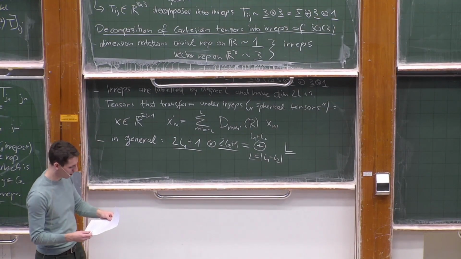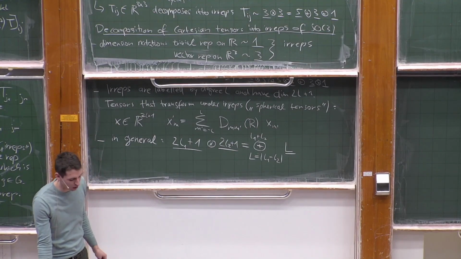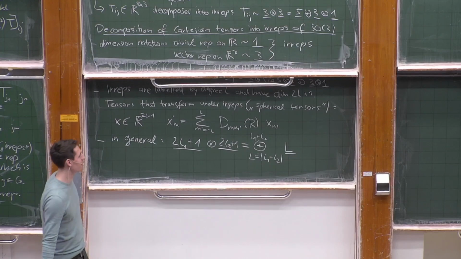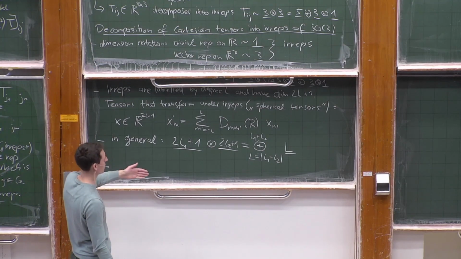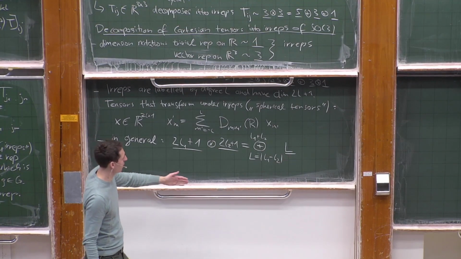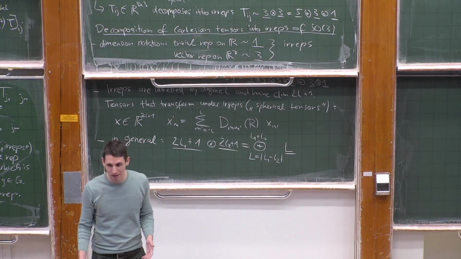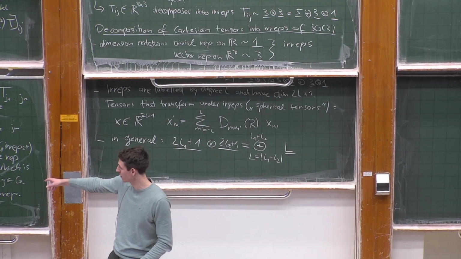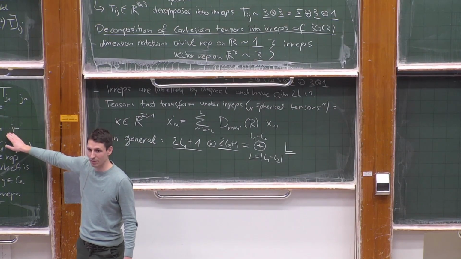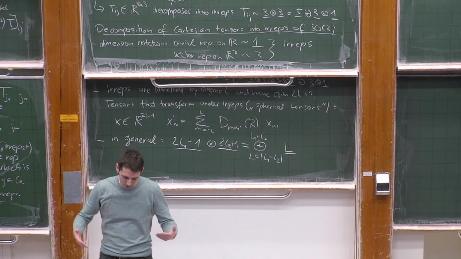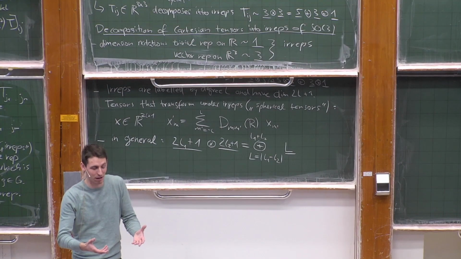Okay, now how does this solve the problem that we had before? That basically if we take tensor products, the dimensionality will blow up. In principle, if we do this decomposition, we still have the same dimensionality as before, right? But if we do the Cartesian tensor product between Cartesian tensors, what we will get out is one large tensor representation, which we will have to keep as a block in order to maintain the equivariance in our neural network.